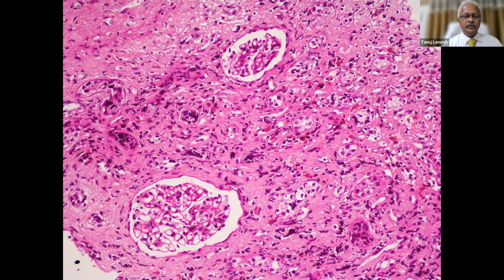It was quite surprising, exciting too. As you can see here, there are a couple of glomeruli, apparently normal, and there are a lot of cells infiltrating the interstitium. That's what you are seeing. But most of these cells are not the normal components of the interstitium.